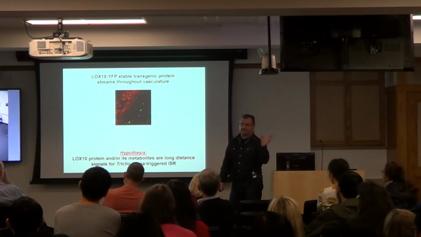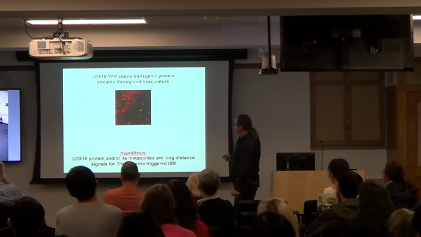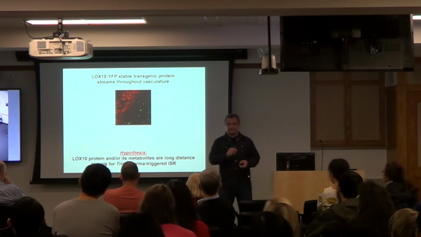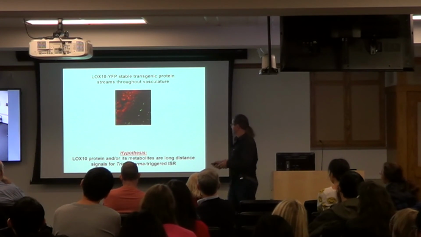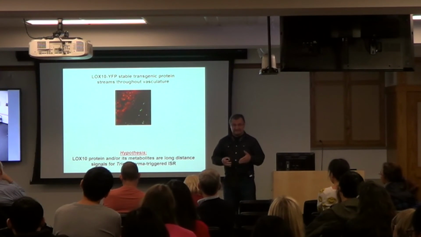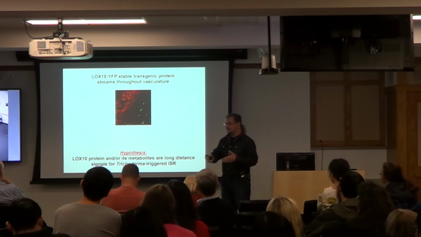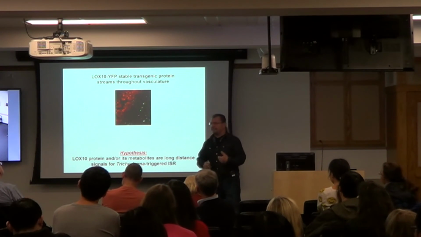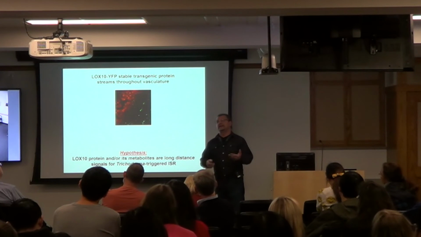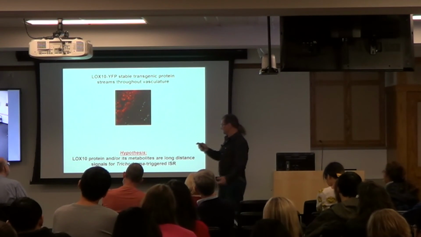They still do not know what they are. But what was really surprising to see is that LOX10 seems to stream in both phloem and xylem, because it moves in opposite directions. So LOX10 directly as a protein is secreted into phloem and xylem. So that made LOX10 a perfect candidate to be relevant to long distance signaling, right?